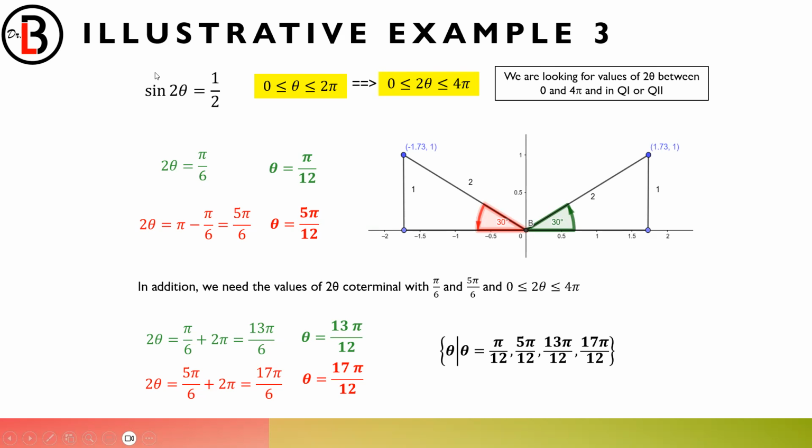So what I'll do is, in order for me to solve this, I can say 2 theta is equal to the arc sine of 1/2. So I know that for me to get 1/2, it should be 30 degrees.